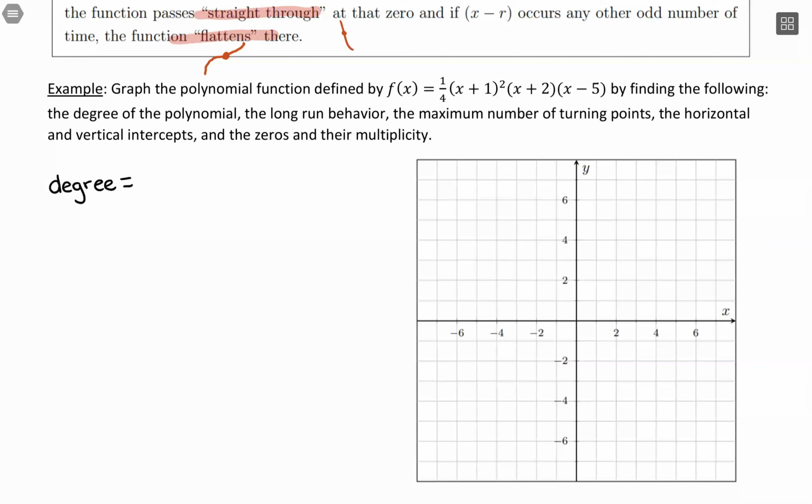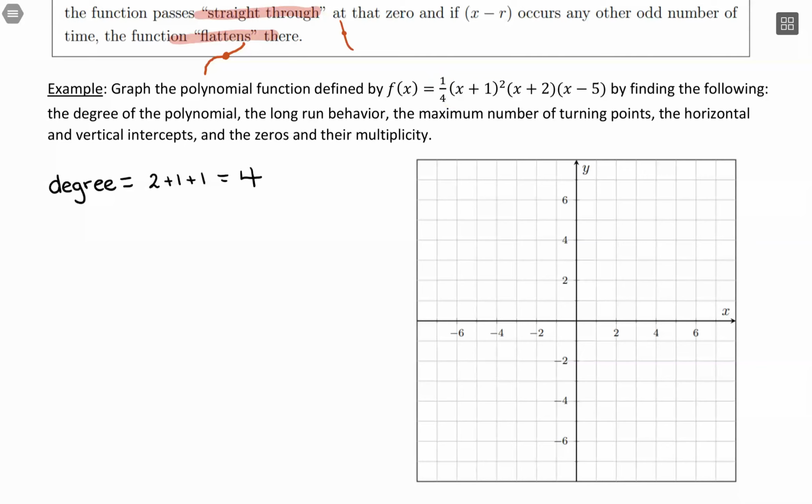As I talked about, what we can do is just add up the exponents on the outside here. So it's a 2 plus 1 plus 1, which would be 4. And then I'm going to make note that this number up front is positive, so we're not having any sort of reflection like I talked about in that first video.